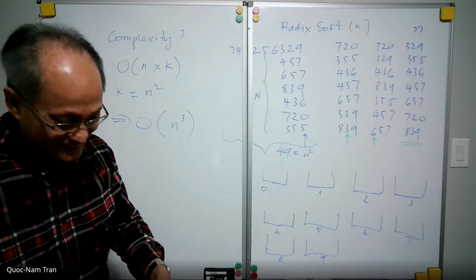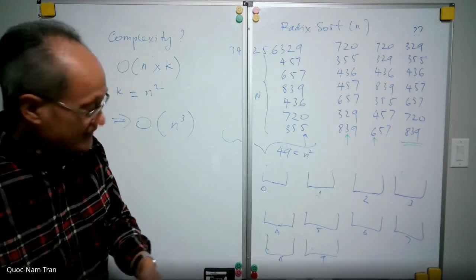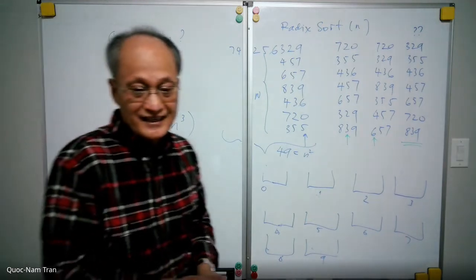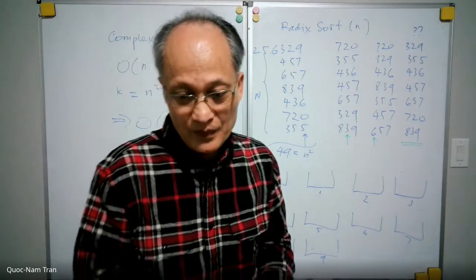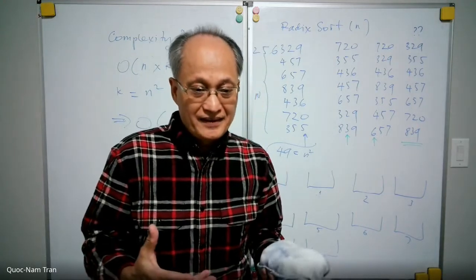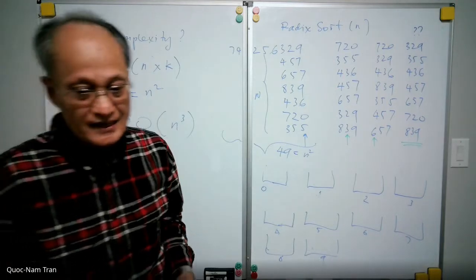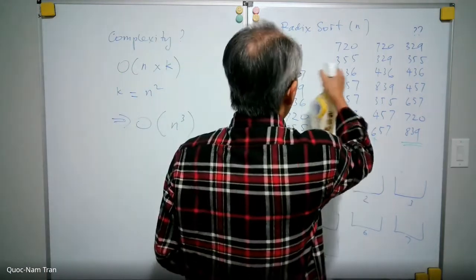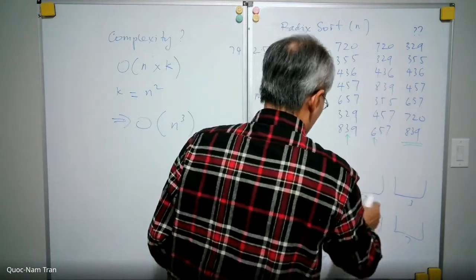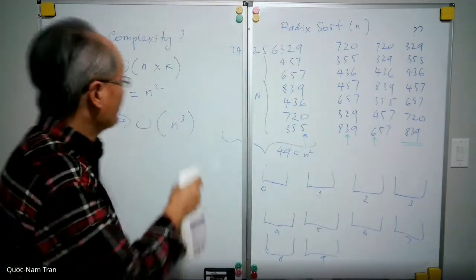All right, very good. So the next thing we will learn is what we call red-black tree. Okay. Did you learn red-black tree before in data structures or in operating systems?